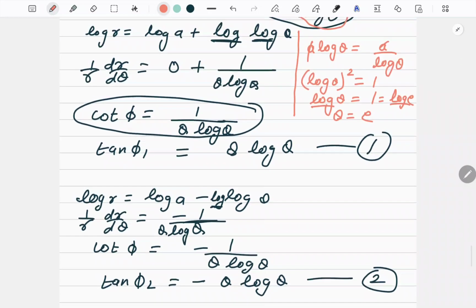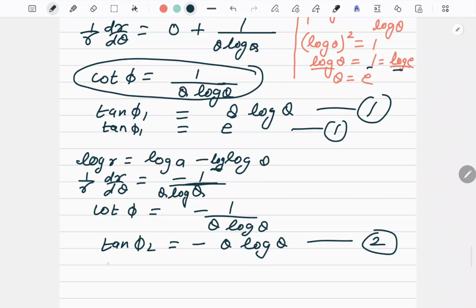So in my equation, tan phi 1 is equal to what, with the value of theta being e? e log of e, and log of e is 1. So this is the first equation. Same way, tan of phi 2 is equal to minus e, and log of e is again 1. So this is my second equation, final.